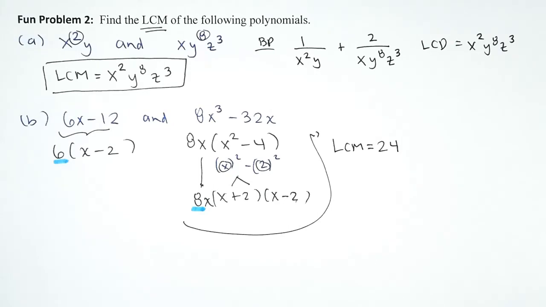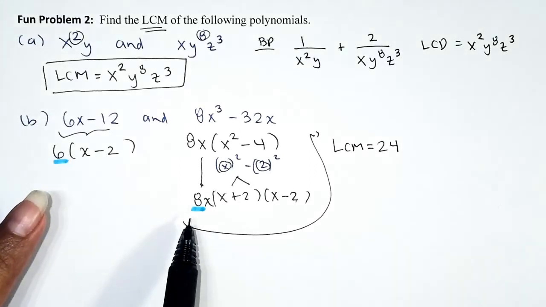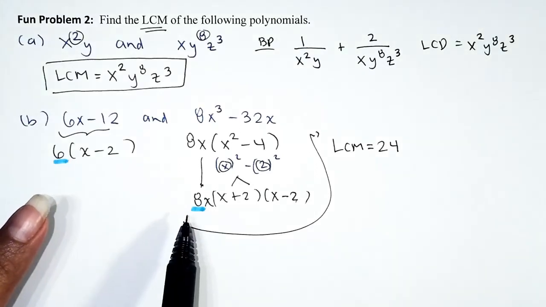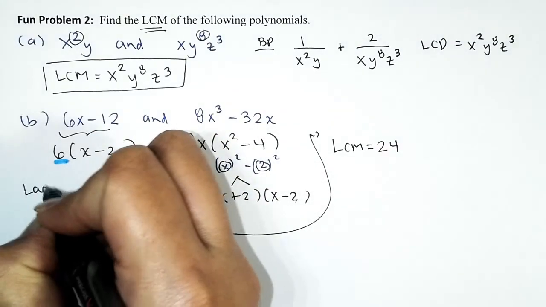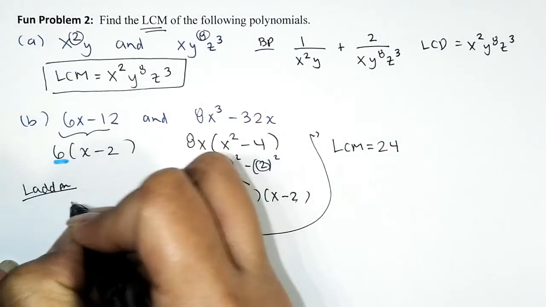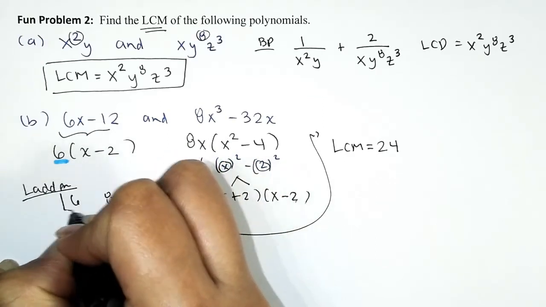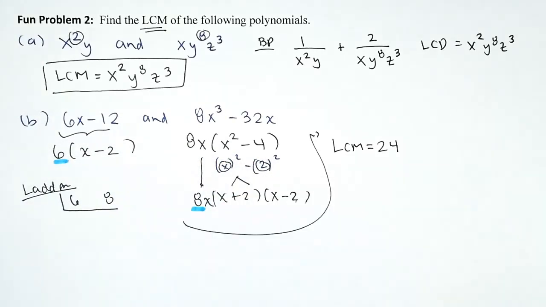Now, if the numbers come to you, fine. And if they don't, you can use prime factors to find the least common multiple between 6 and 8. But I'm going to show you something really cool. We're going to use the ladder to find the least common multiple between 6 and 8. We have used the ladder to find the GCF for 2 or more numbers. Now we're going to use the ladder to find the least common multiple.